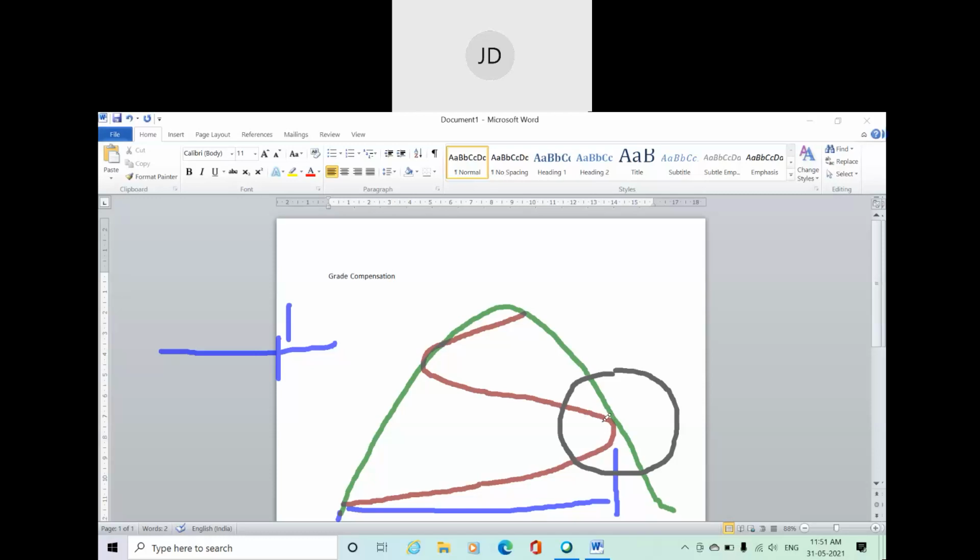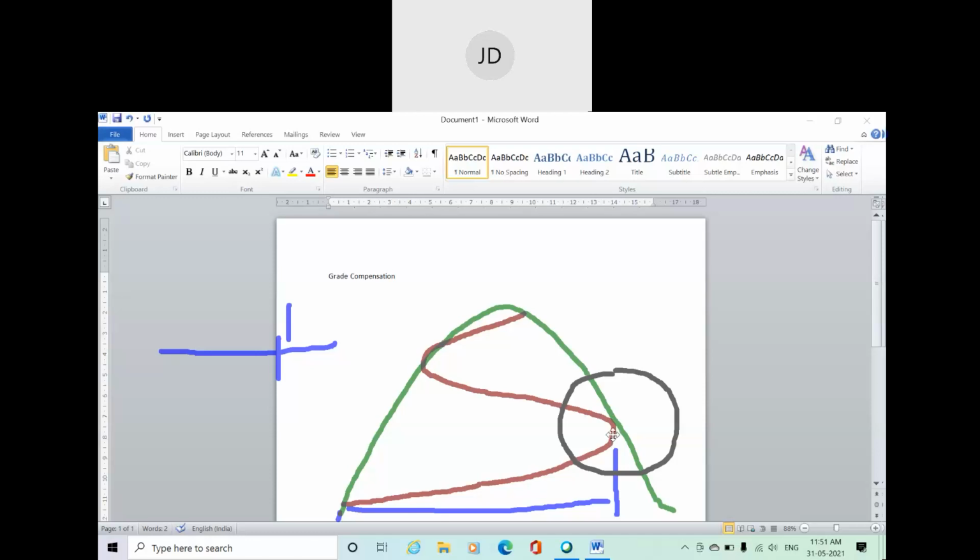When a train moves along the curve, you also know a centrifugal force acts in the outward direction, and there are other resistance forces also acting nearby the curve. So to minimize the resistance, we need to go for reducing the gradient.